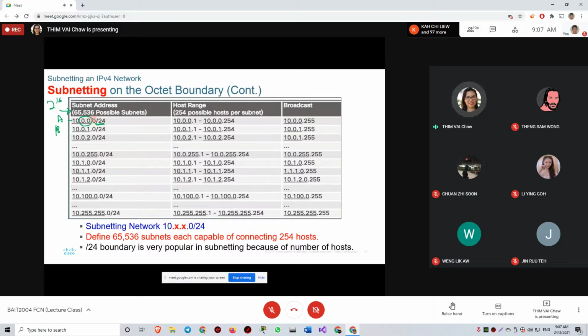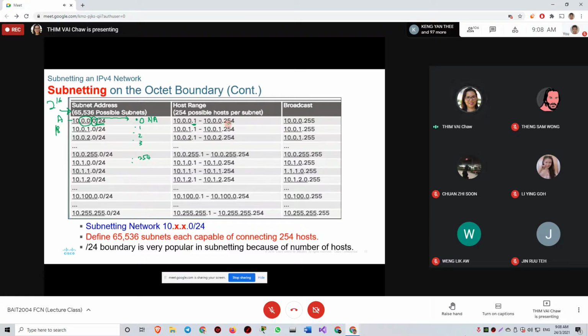Okay, so it means that you only have the balance of 1 byte to become the host portion. Therefore, looking at the last octet, dot 0 is the network address. Then dot 1, dot 2, dot 3 until dot 254.